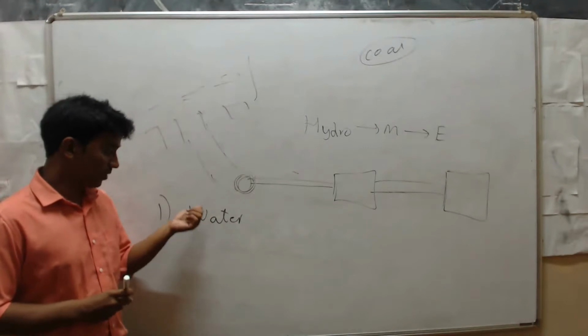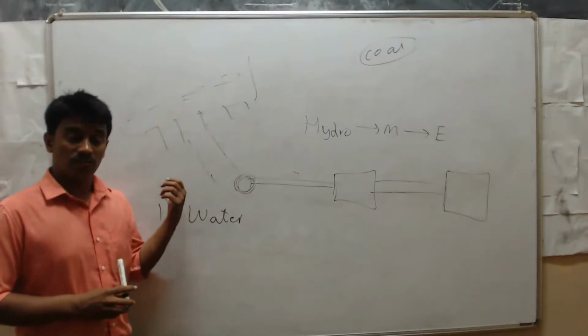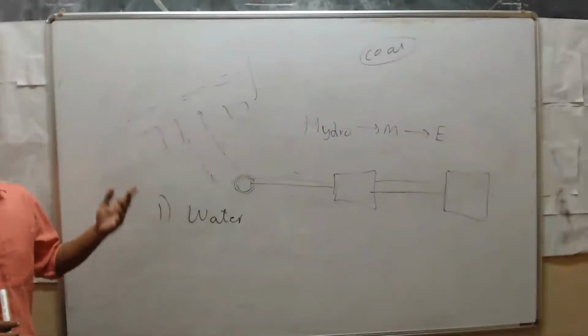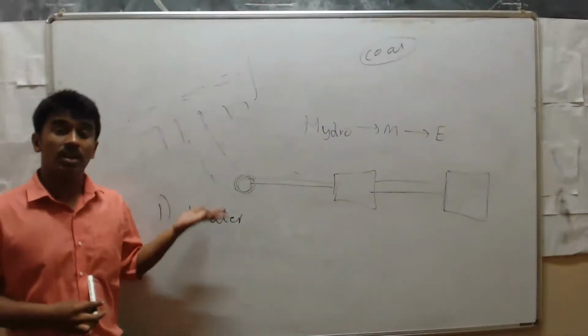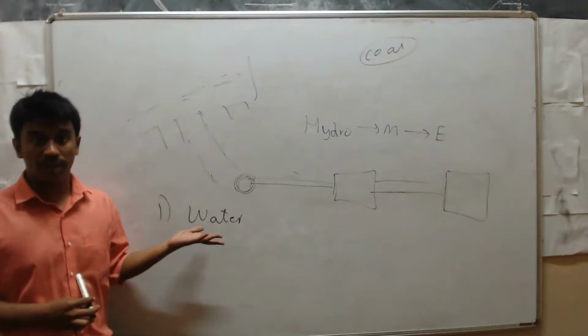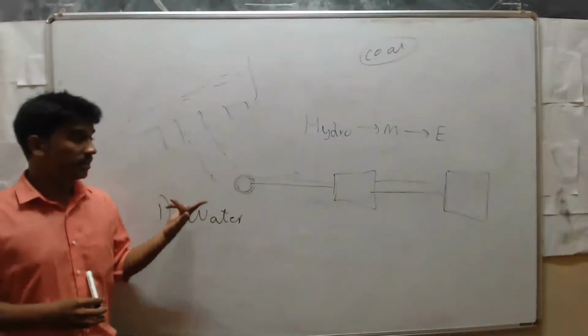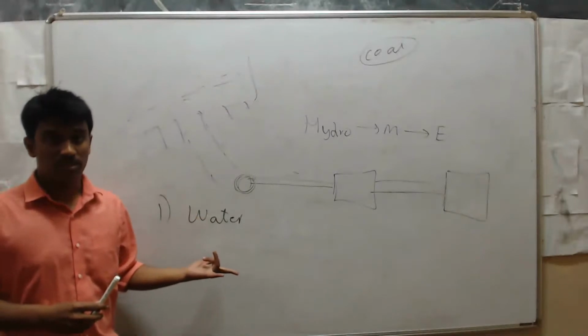So the first advantage is that the fuel is water, so it is very cheap. Second, it controls floods. Third, it is a renewable source of energy, and fourth, it does not produce smoke and harmful radiations.